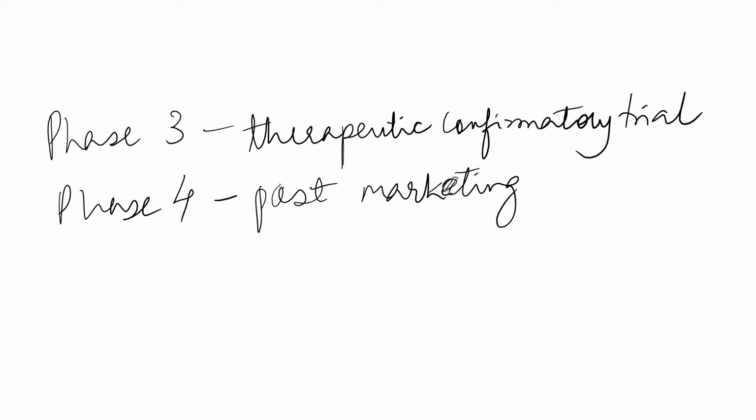Phase 3 is therapeutic confirmatory trial, and phase 4 is post-marketing surveillance. In phase 3, we confirm it is good for use, otherwise we reject it, and in phase 4 it goes into the market for surveillance, for a survey, whether the drug is good or not.